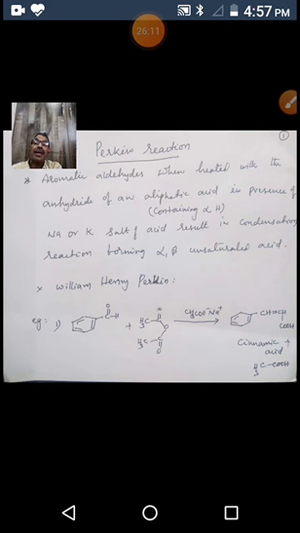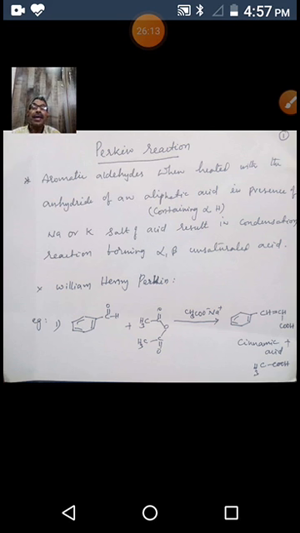So in the Perkin reaction, the aromatic aldehyde reacts with an anhydride in the presence of a base, giving an alpha beta unsaturated ester, which on hydrolysis finally gives an alpha beta unsaturated acid. This is an example for the Perkin reaction.